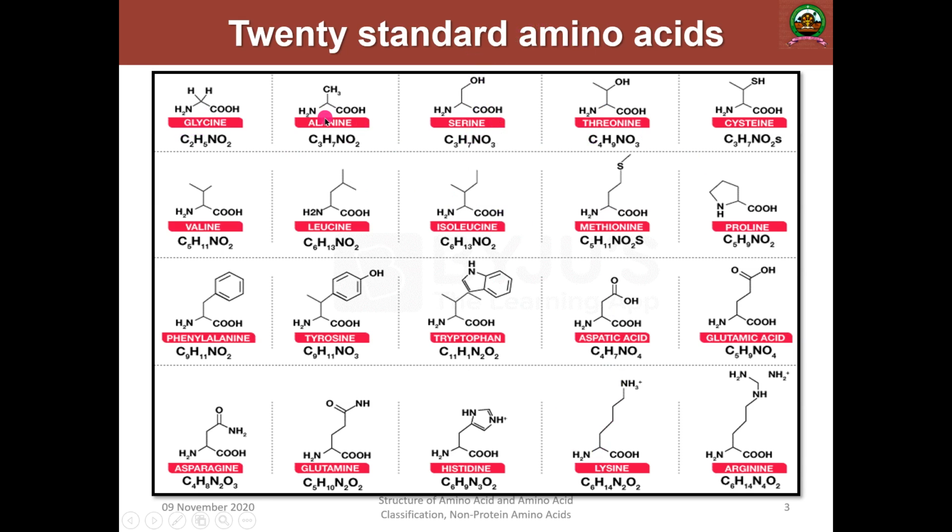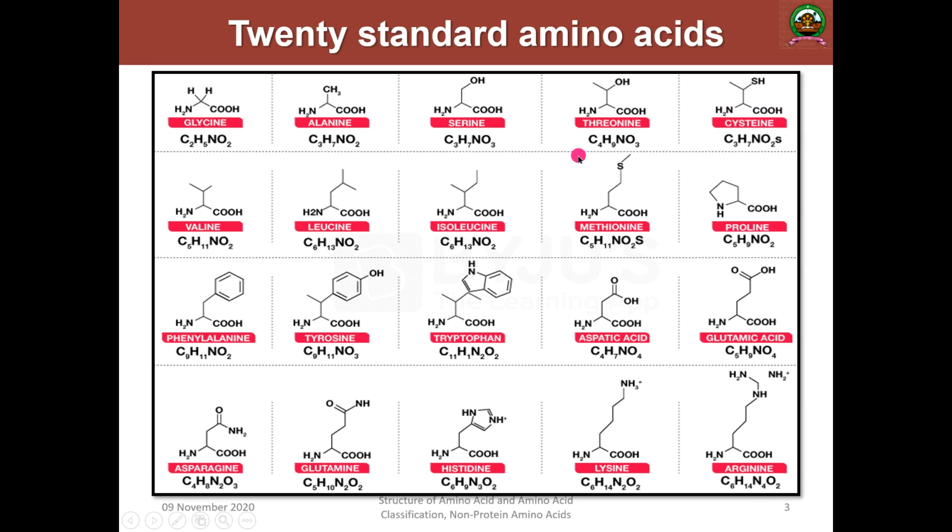Here: glycine, alanine, serine, threonine, cysteine, valine, leucine, isoleucine, methionine, proline, phenylalanine, tyrosine, tryptophan, aspartic acid, glutamic acid, asparagine, glutamine, histidine, lysine, and arginine are the common important standard amino acids. These amino acids are present in various combinations, and they form polypeptides, that is proteins.